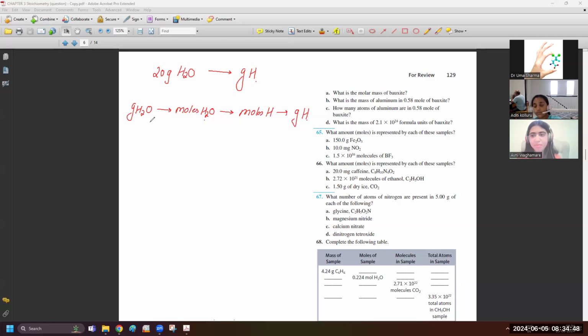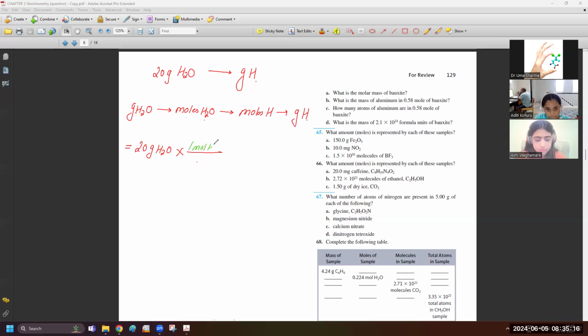Okay, so let's start. 20 grams of water. What is the first ratio which I need to plug in here? What should come in the numerator and the denominator? The number of moles. I want to convert my grams to moles. What I know, 1 mole should be on the top.